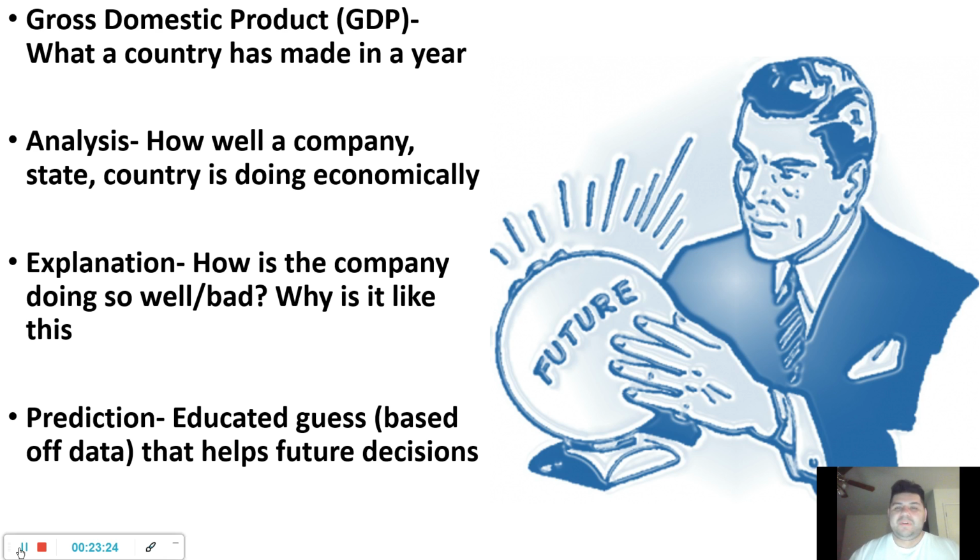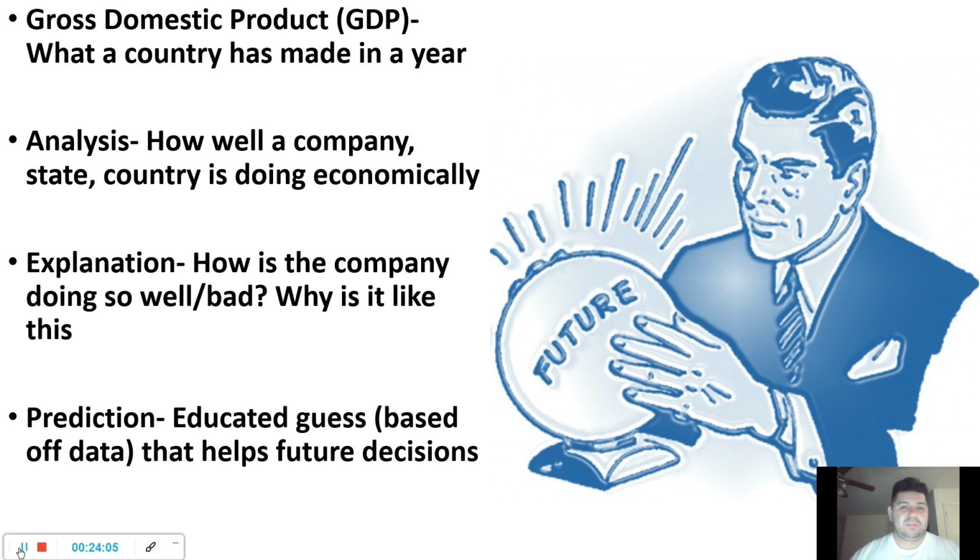Okay. Now, prediction. This is basically an educated guess based off data. That's a key word, based off data. That helps predict the future. Now, if your first grading period you did really well, second grading period you did really well, third grading period you did even better than that time. Well, you're going up, so it's pretty safe to say that the next grading period you're going to go even better because you've been going that trend of going up.